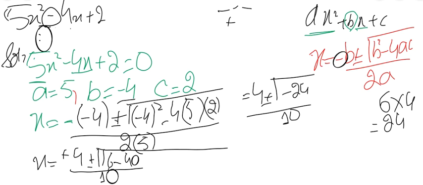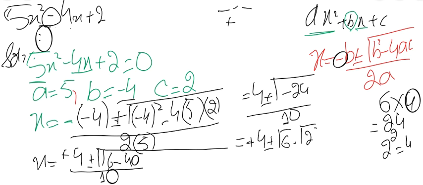Now we can say over here that 4 is the square of 2. 2 square equals to 4. So we just need to simplify as much as we can. So 4 plus minus under root 6 into under root 2 square divided by 10.